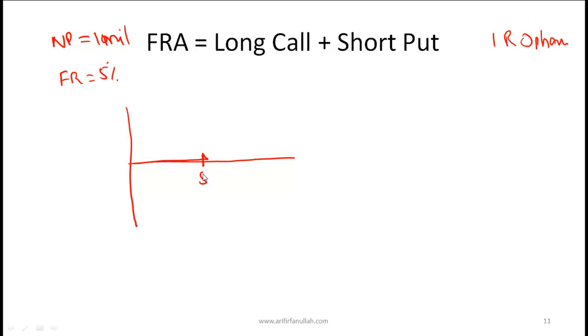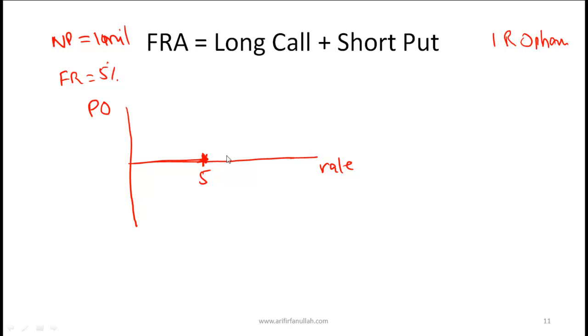So let's say we have 5% over here, and let's look at the payoff for this forward rate agreement. The x-axis represents the rate. Now we are getting into an agreement. Being long on the forward rate agreement means that we are the party that is going to borrow money. So we are borrowing money. Contractually, the contract rate is 5%.